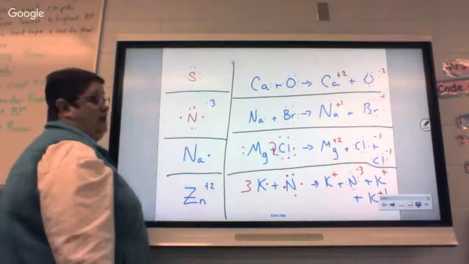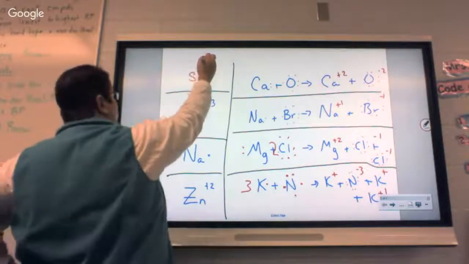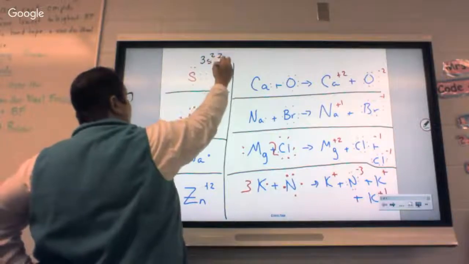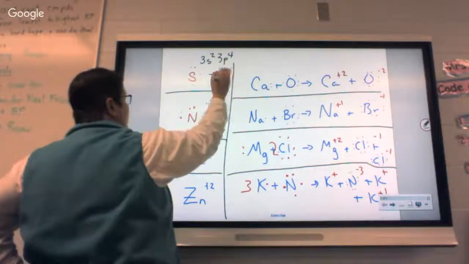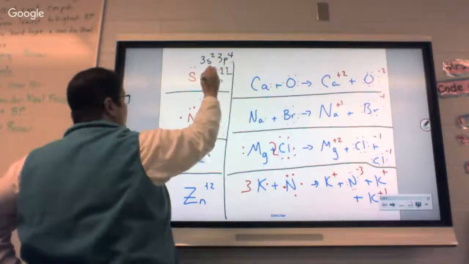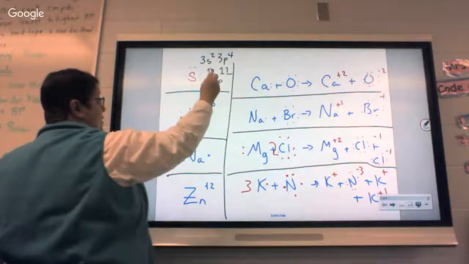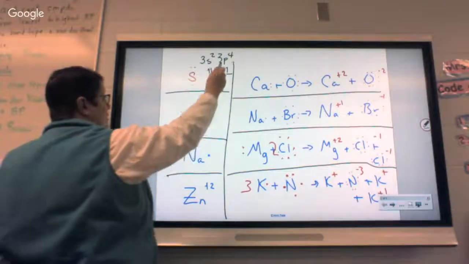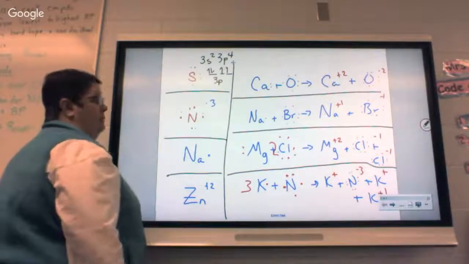Your dot diagram should have 6 dots. If you're wondering why 2 are split, you have 3s2, 3p4. P4 has 3 lines above it. 1, 2, 3, 4. So the 3s2 is paired. Those 2 are paired. This one and this one is a single dot.